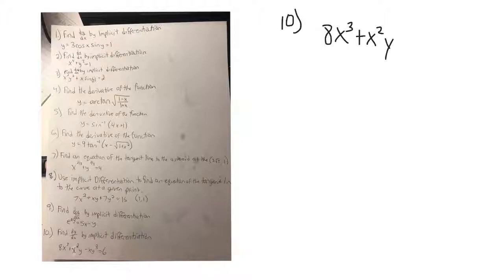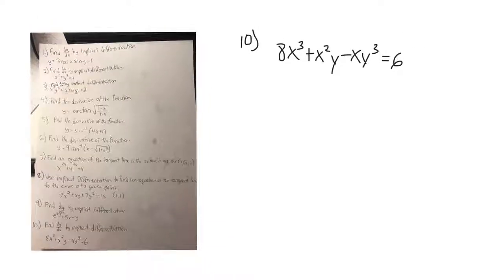Alrighty, and finally we have another implicit differentiation problem, number 10. That is 8x cubed plus x squared y minus x y cubed equals 6. All right, after all that craziness, I think this one's actually easy. So 24x squared.